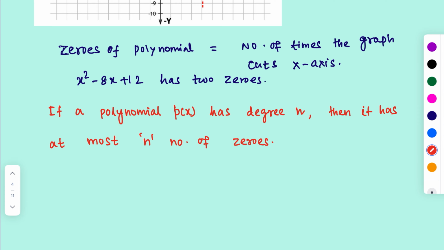Okay, we will understand it now. Here x square minus 8x plus 12 is the p of x. It has degree 2.